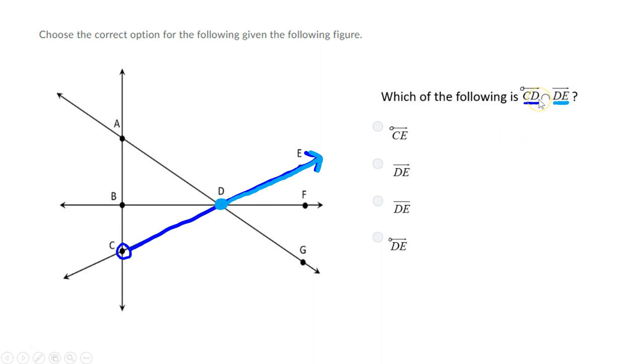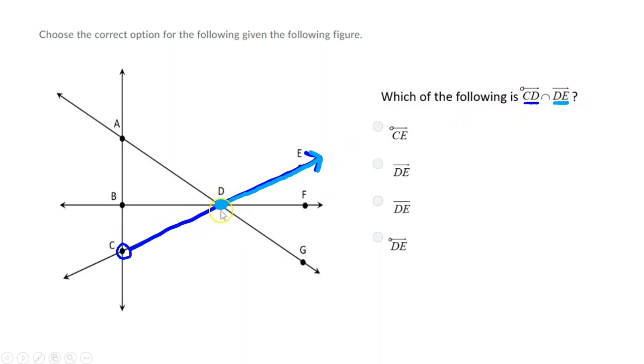Because what's important to know about an intersection is that it represents the portions of these two figures where they're both occurring at the same time, and that's only where they're both occurring at the same time. So they're both occurring all the way through this part here. Prior to point D, all I have is the dark blue line, so that wouldn't be part of the intersection.